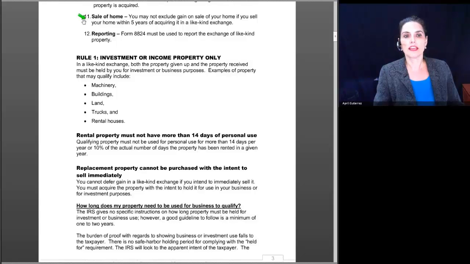You may not exclude gain on the sale of your home if you sell your home within 5 years of acquiring it in a like-kind exchange. And finally, rule number 12, reporting. Form 8824 must be used to report the exchange of like-kind property. So we're going to take each of these 12 rules in turn and in more detail, spending time on each one to get a more thorough understanding of what each rule is about.